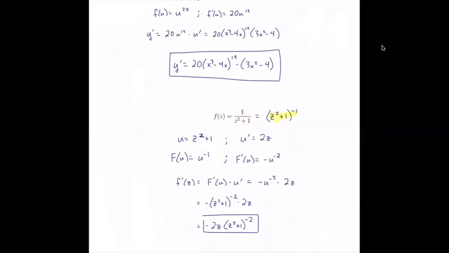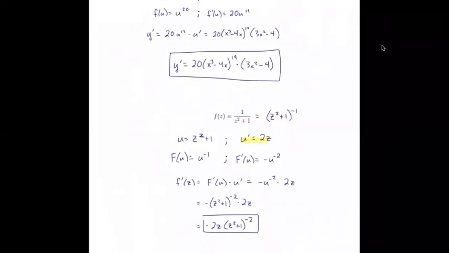So (z squared plus 1) to the negative 1, right? And now we've nested it. So this is raised to a power of negative 1. Our outer function is this u to the negative 1 function, which has derivative, thanks to the power rule, negative 1 u to the negative 2. And then the inner function u, which is z squared plus 1, has derivative 2z.